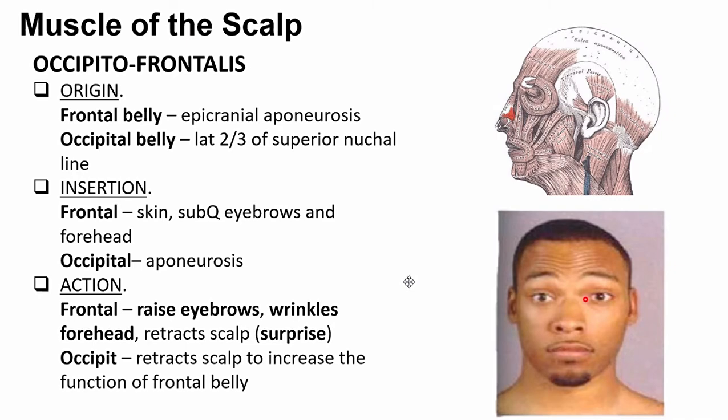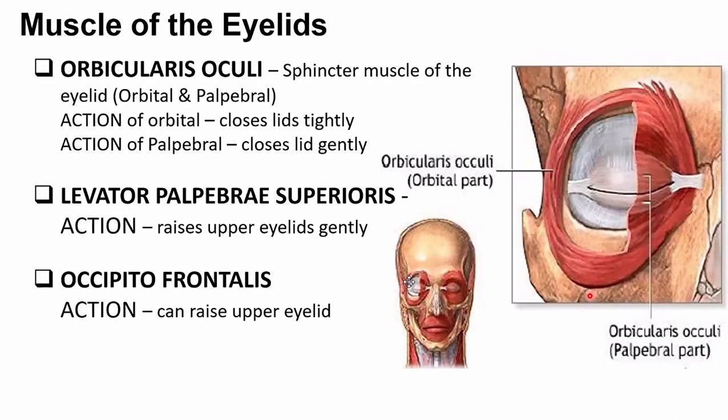Muscle of the eyelids, you have orbicularis oculi, and the orbicularis oculi has an orbital part and the palpebral part. So it really surrounds the eye, including the eyelid.